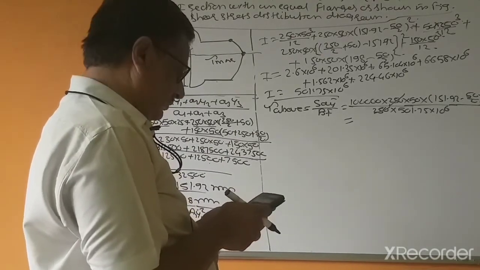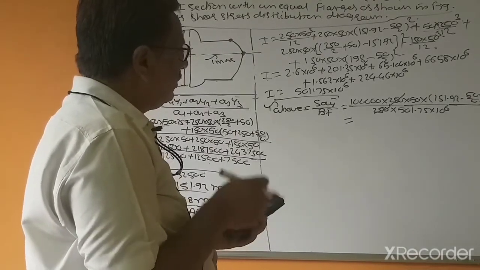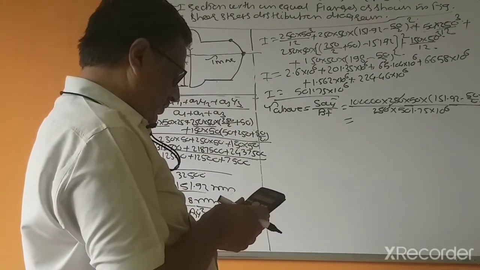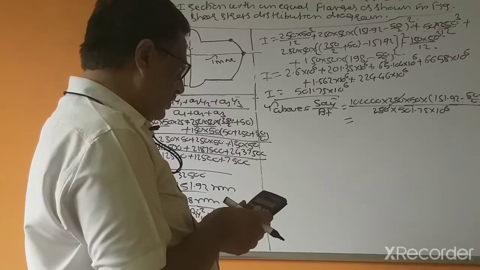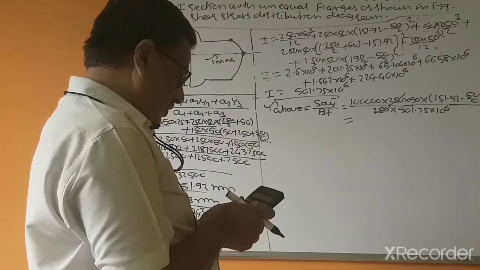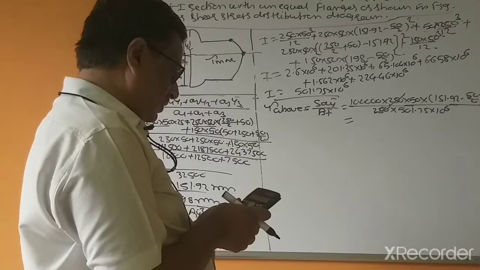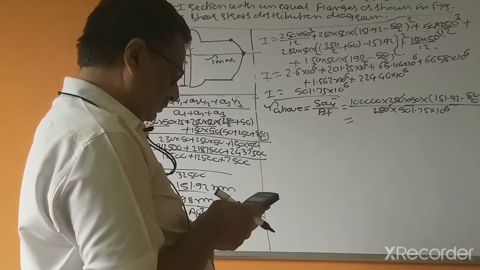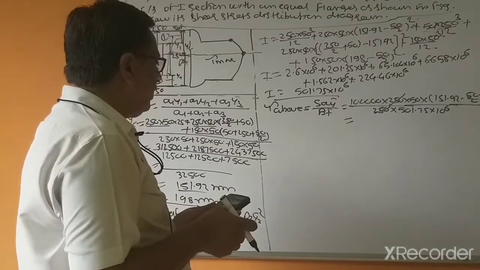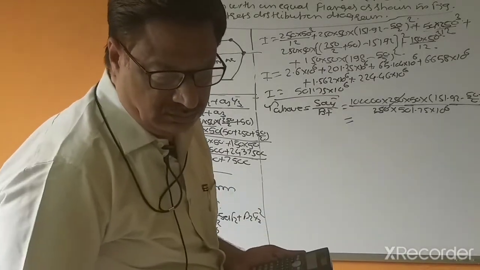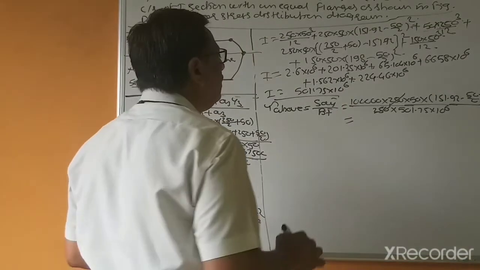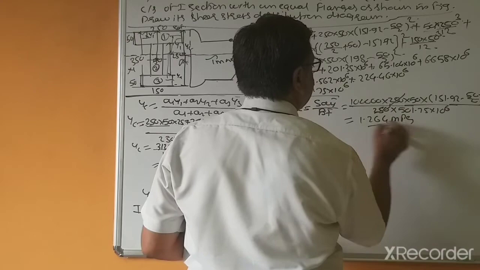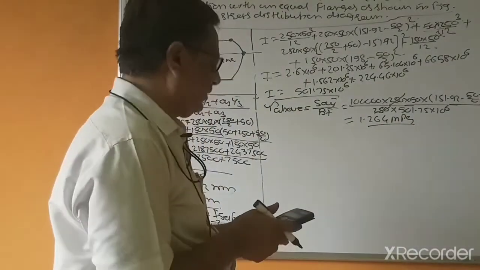Multiplied by, and this is 126.92 multiplied by 50 multiplied by, this is equal to 1.264 megapascal. Once again I will check.